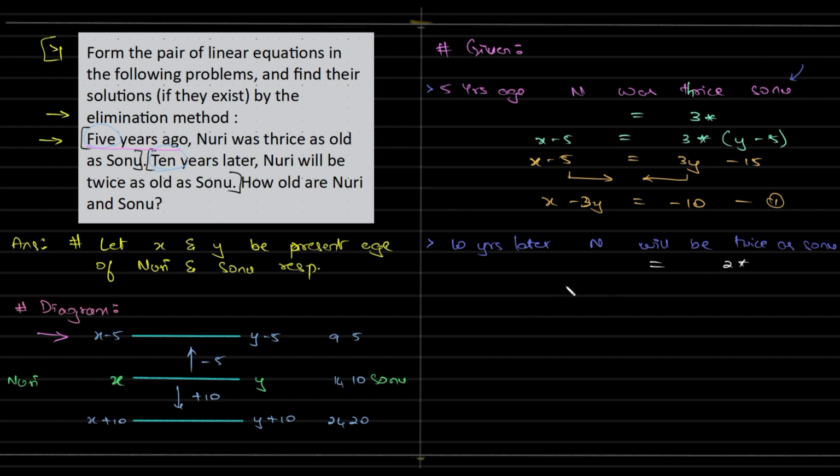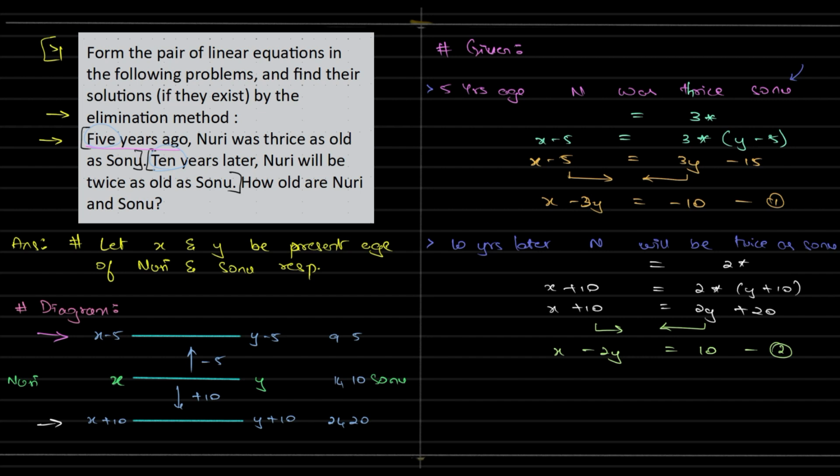So we are looking at the scenario x plus 10, 10 years later, is twice y plus 10. x plus 10 is equal to 2y plus 20. Now rearrange. So x minus 2y is equal to minus 10 plus 20, which is 10. That's my equation 2.